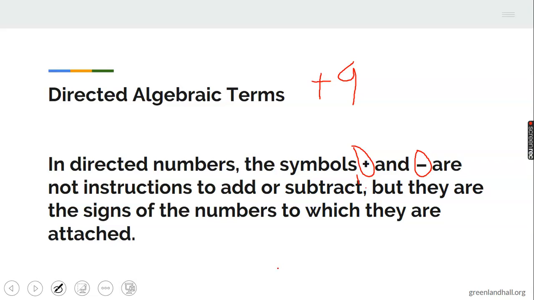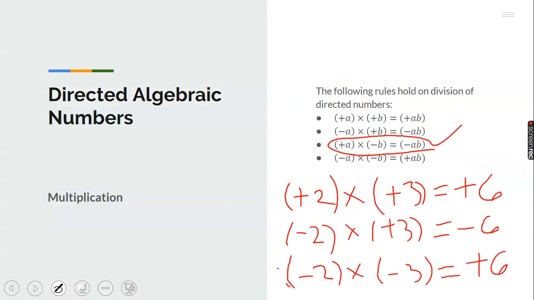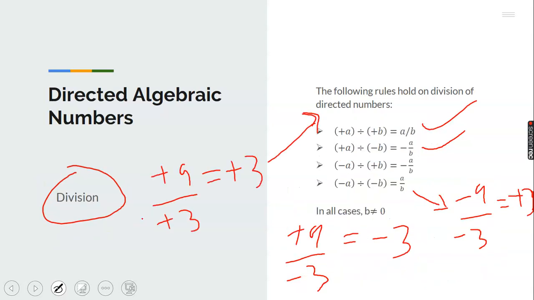Are you getting me? And we talked about directed algebraic numbers, looking at multiplication. And we talked about the rules, and we solved the examples. Now, we talked about directed algebraic numbers using division, the operation division.